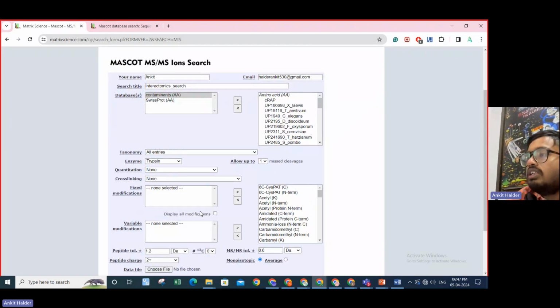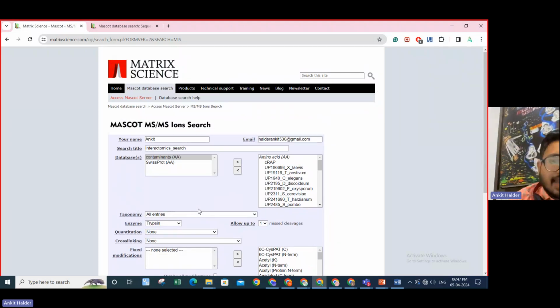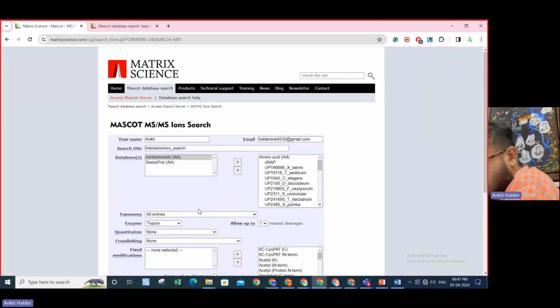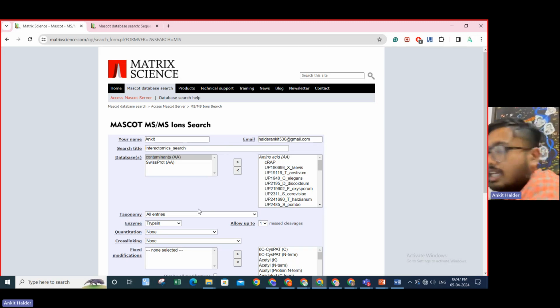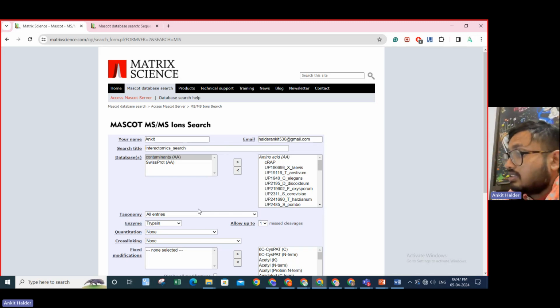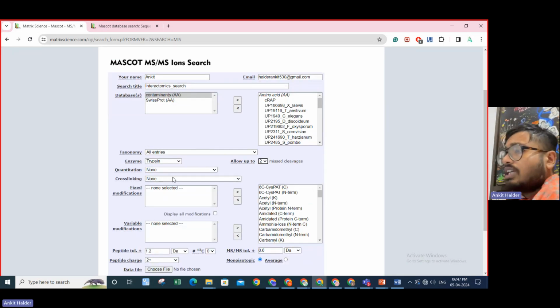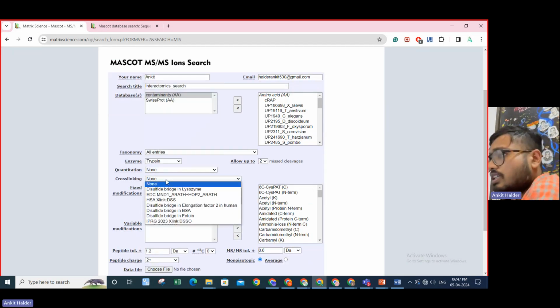Okay. If we don't know exactly which organism the protein we are looking at is from, we will go with all entries. Enzyme trypsin, quantitation none, cross-linking none.